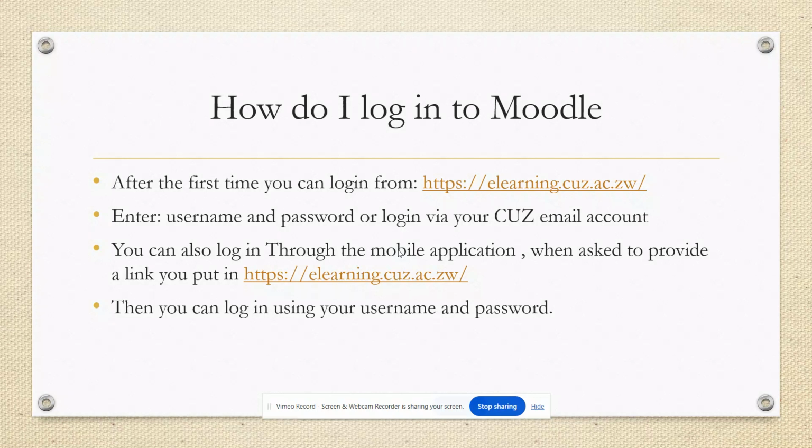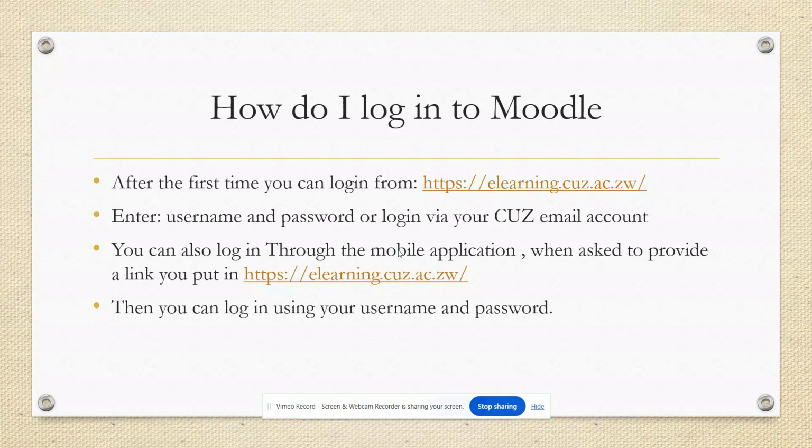And then you can also log in through the mobile application. If you're using an Android device, you find it on your Play Store. If you're using an iOS device, your iPhone, it's available on the App Store. Wherever you download your applications from, you can download Moodle from there.